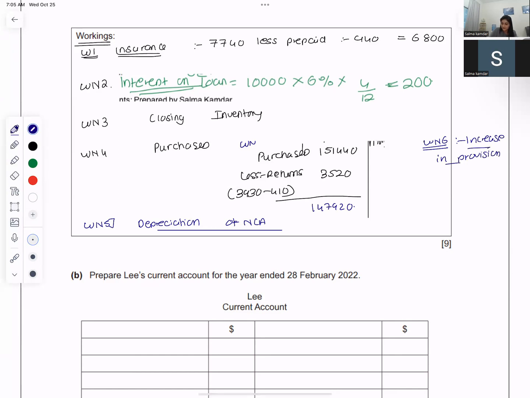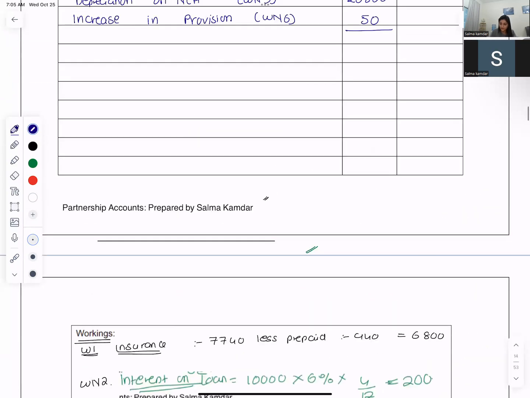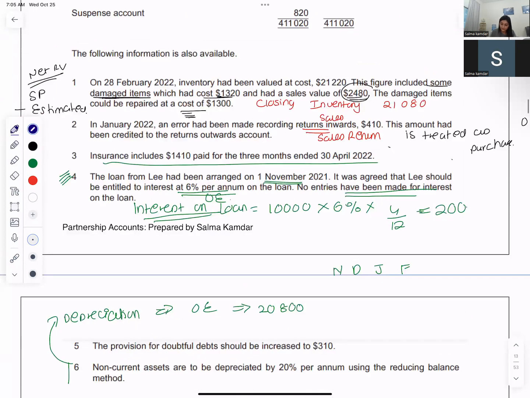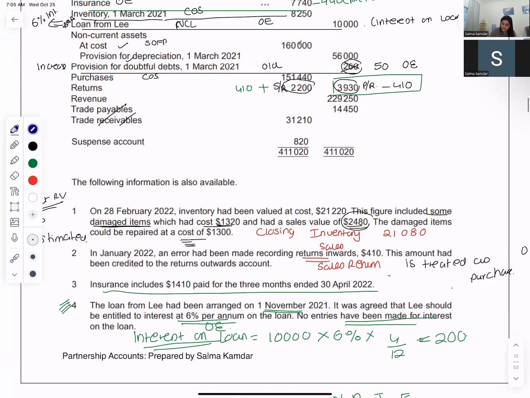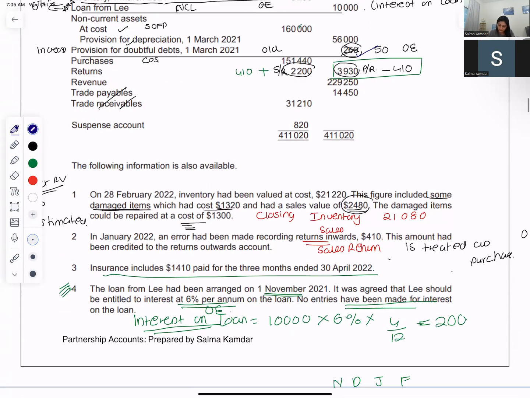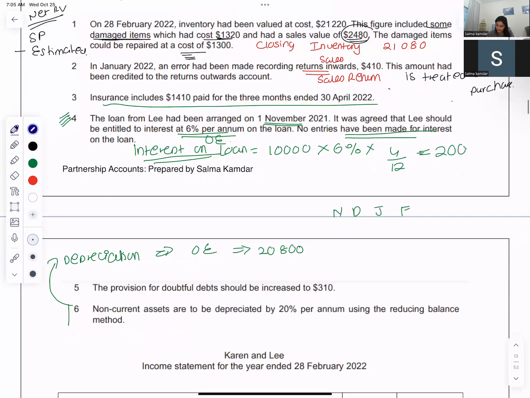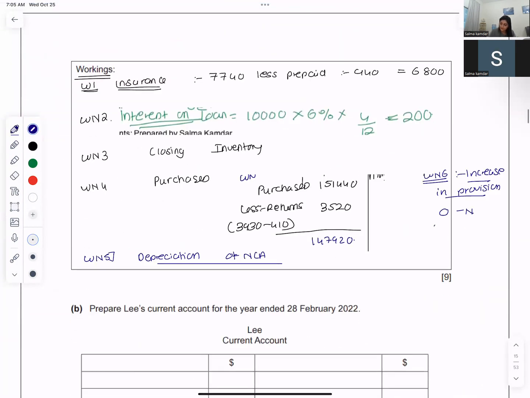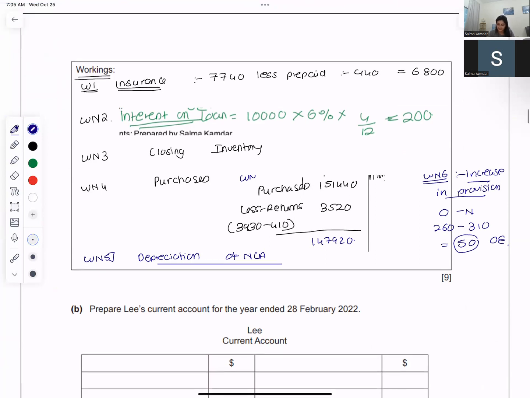And you can show old minus new. What was your old provision? Old provision was 260 and new provision was 310. So 260 minus 310, the increase in provision is 50, which should be recorded as other expenses.